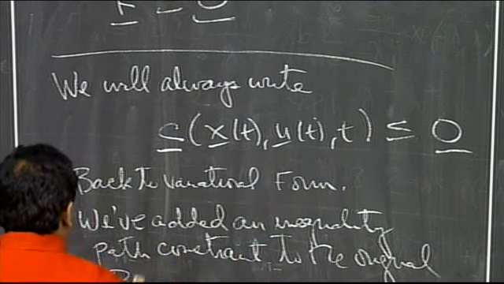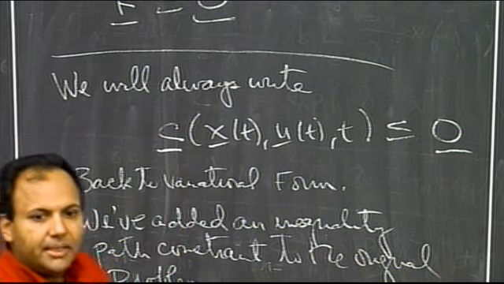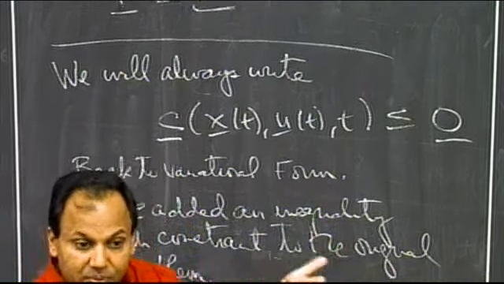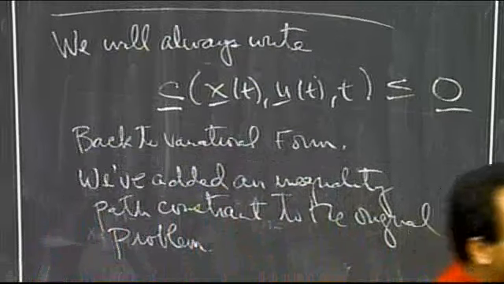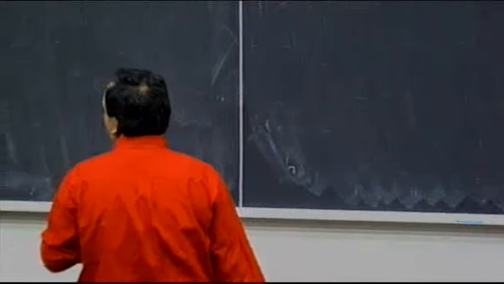Which means that because this is another path constraint in the problem, clearly there's got to be a Lagrange multiplier associated with that constraint. Just like there was a Lagrange multiplier associated with the dynamic constraints and the boundary conditions, there's got to be one associated with the path constraints.